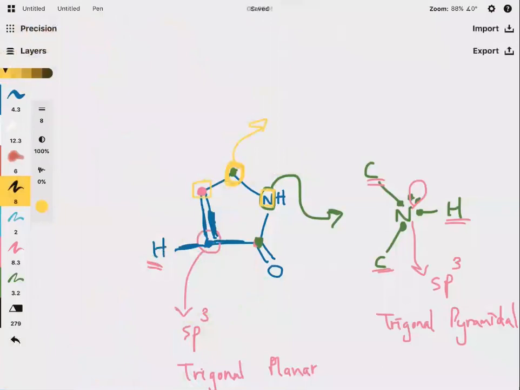So it's bonded to 4 different things. So it's going to be an sp3, and it's bonded to 4 different atoms, and it has no lone pair of electrons. So 4 different atoms and no lone pairs means it's a tetrahedral.